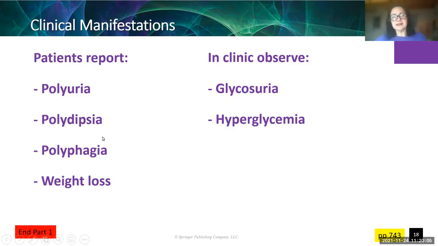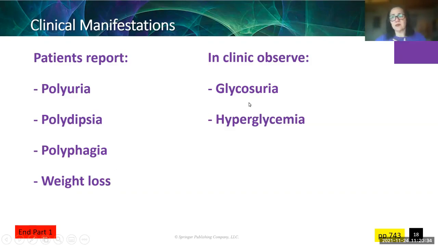Remember, there's plenty of glucose, but the cells can't transport it in because there's no insulin to tell the cells that there's glucose available. So the cells don't have enough fuel, and the patients report feeling hungry all the time. They're eating a lot, polyphagia, and yet it appears paradoxical that they're actually losing weight simultaneously.